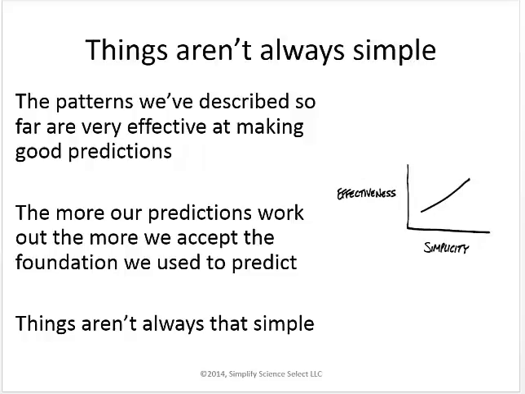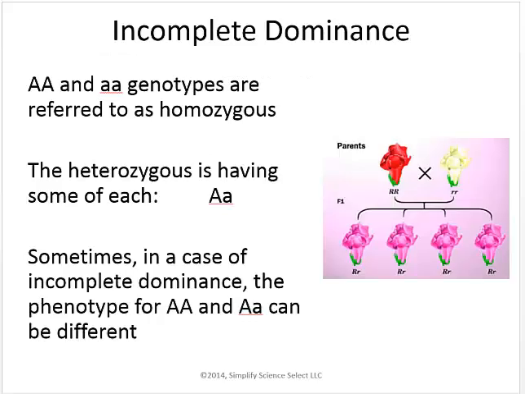But sometimes there's details. For example, we've talked about dominant and recessive. Sometimes there are situations where it's not that clean. You can have things like incomplete dominance. Like in flowers, the dominant R might be red and the recessive r might be white.